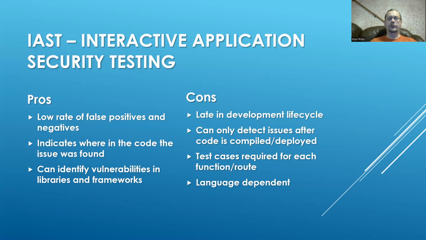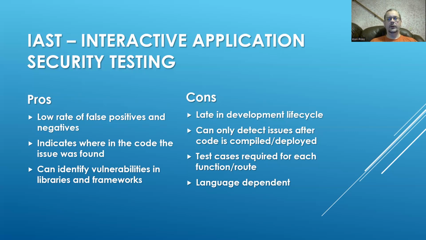Some of the cons for IAST is that, because it's runtime, it occurs later in the development life cycle than, say, a SAST solution. So some additional overhead could be incurred to fix the issues, if there are unexpected vulnerabilities found in testing.